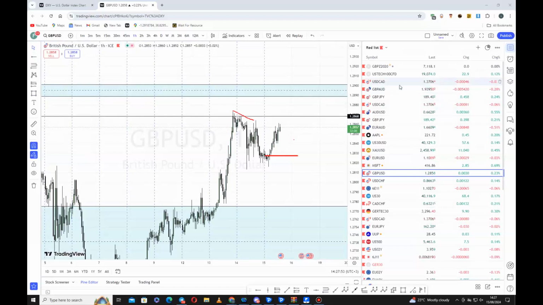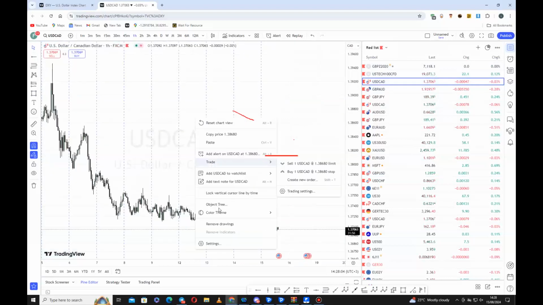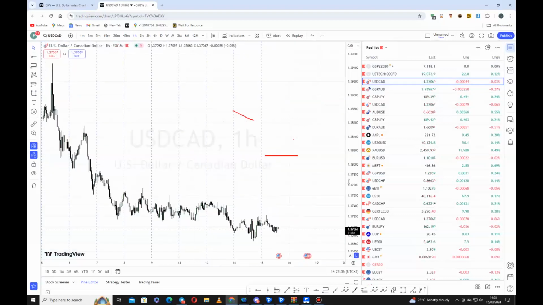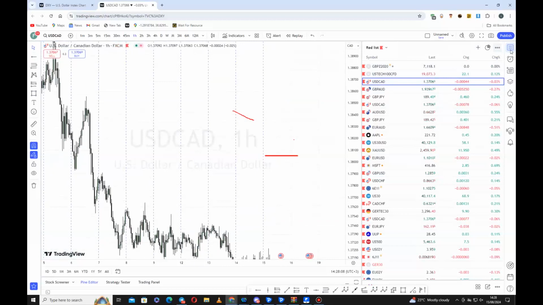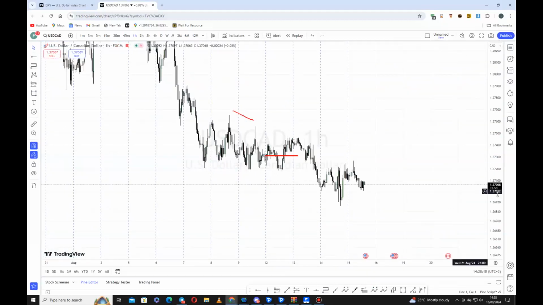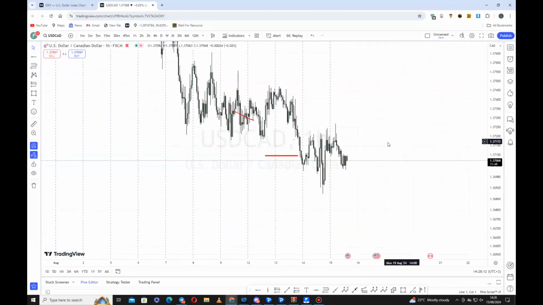But for me, I'm pretty much eyeing EURUSD and probably USD CAD. Yeah, USD CAD. I'm eyeing it, seeing if it can buy in collaboration with what the news is going to do. So a quick analysis on USD CAD.